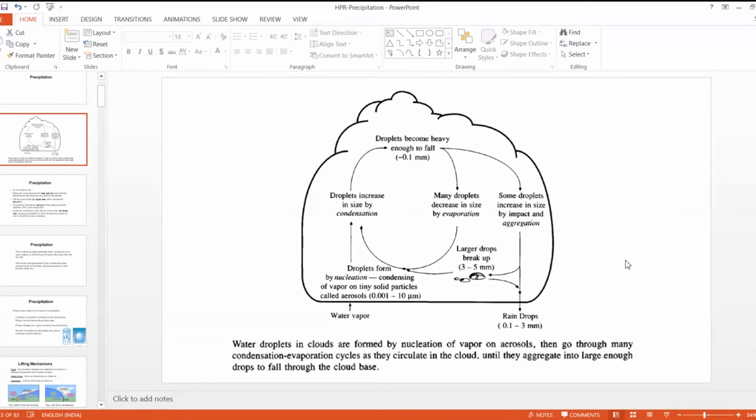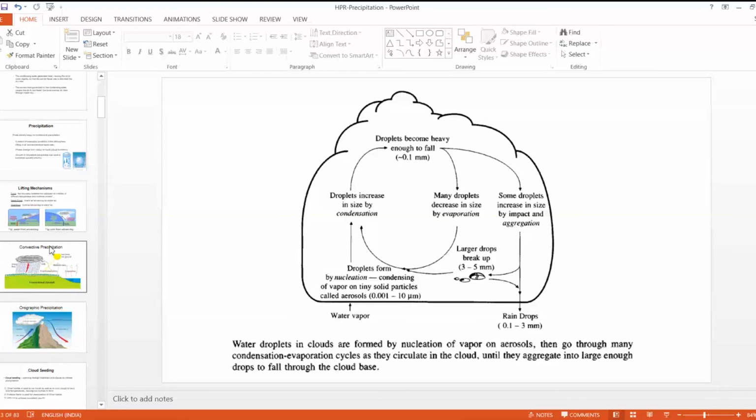These small droplets, because of the circulation within the atmosphere, hit other small droplets and grow bigger. Then when their size becomes more than around 1 mm, rainfall occurs. There are three types of rainfall: frontal rainfall, orographic rainfall, and convective precipitation.